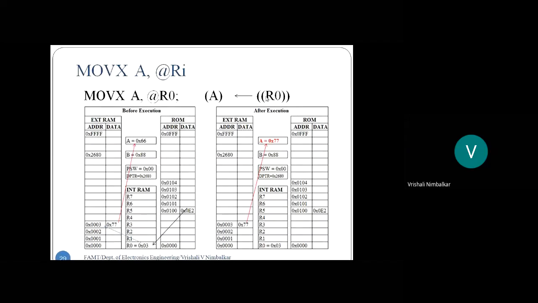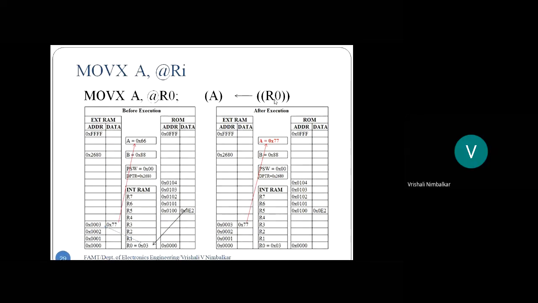R0 is holding an address of that RAM memory. Now what is the RAM memory? The RAM memory is external RAM. It has 16-bit addresses from 0000 hex to FFFF hex. This FFFF hex is a 16-bit binary number. Correct? So the data pointed to by R0 is to be picked up and copied into the accumulator.